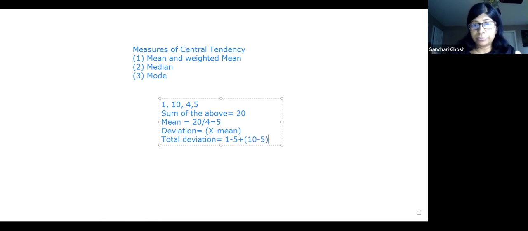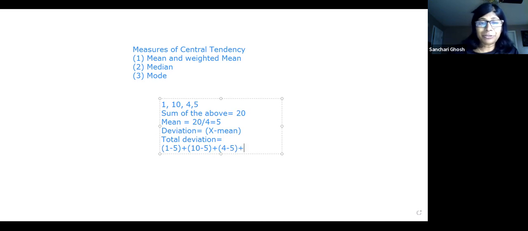This is called the deviation, the value minus the mean, which you just computed, plus 4 minus the mean. I deliberately took a rounded number, which will fall very easily into what we want to show here.